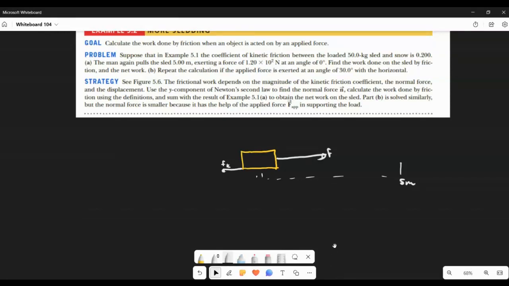All right, so let's compute the work done by friction. What is the definition of friction? It's a function of two variables. Ms. Anthony, can you please tell me? She is online.